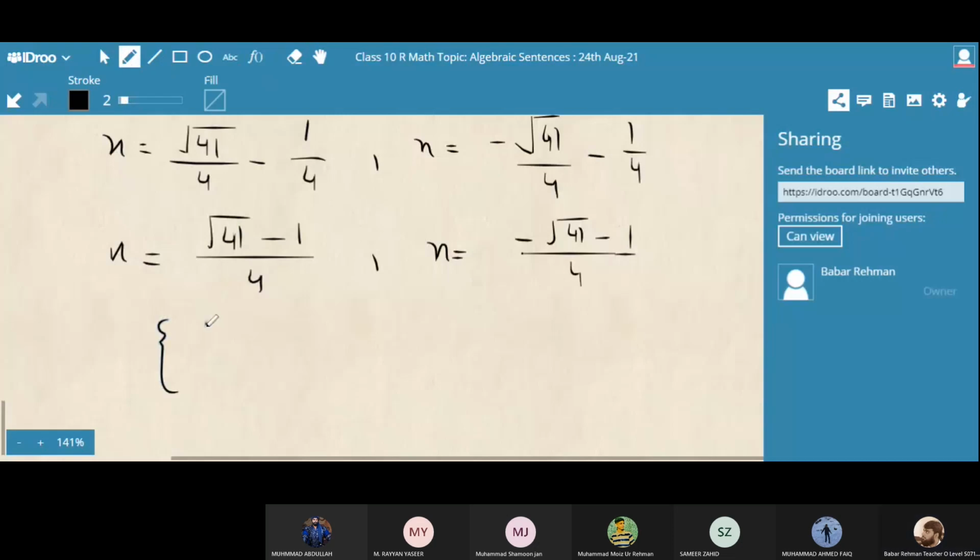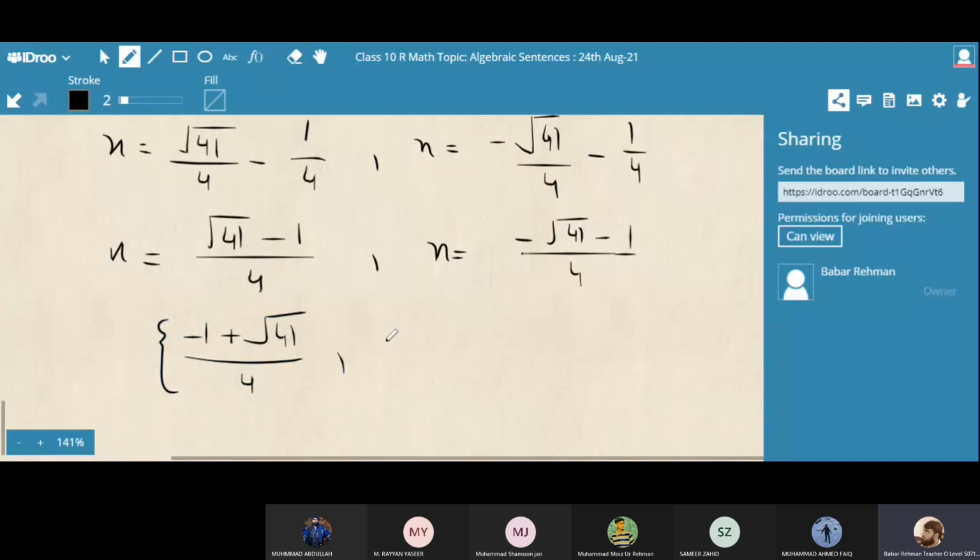Okay. For this reason, I can write minus 1 first and then this positive root 41. It is the same. Don't worry whether you write the 1 before or not. And over here, what is that?